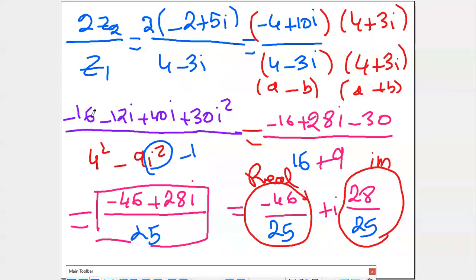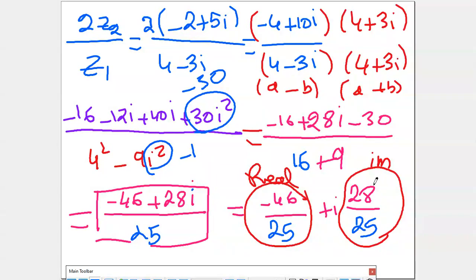And then for the numerator, I will add the real parts together. I have minus 16, minus 12i plus 40i gives me 28i. What is 30i squared? It's minus 30. Then I add minus 16 minus 30, which gives me minus 46. So this is my final result.